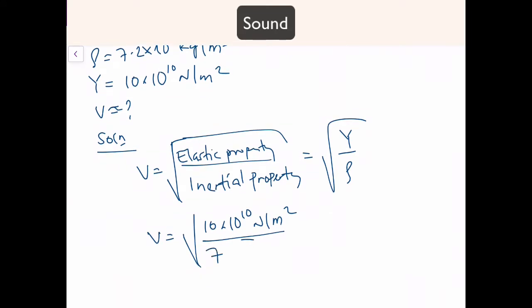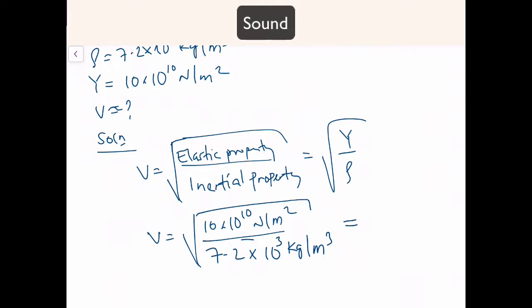So 7.2 times 10 to the power of 3 kilogram per meter cubed. If you apply this equation properly and plug those values into your calculator, you should get the value. You can work it out together if need be.